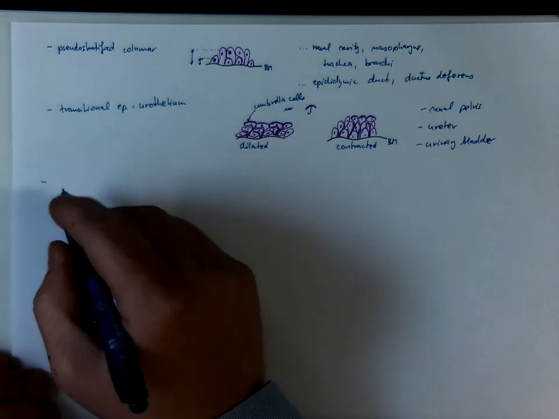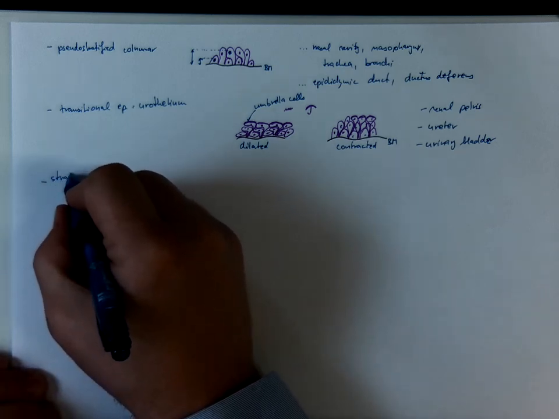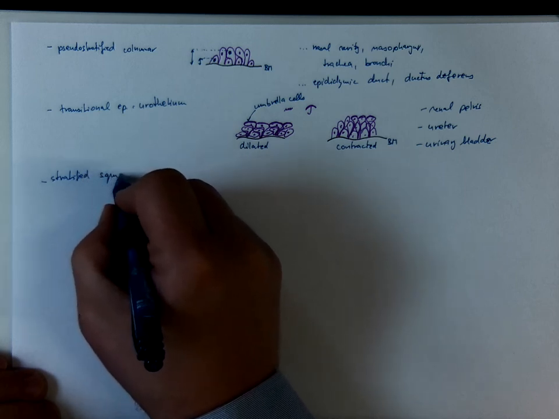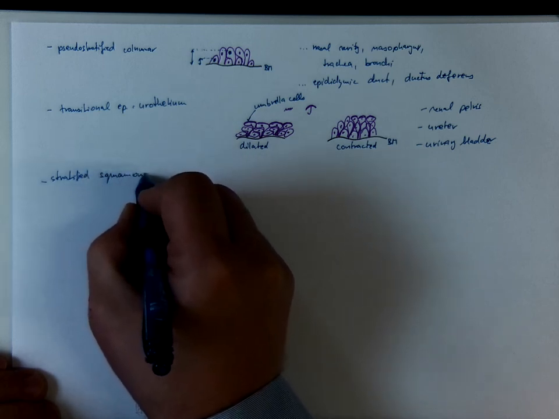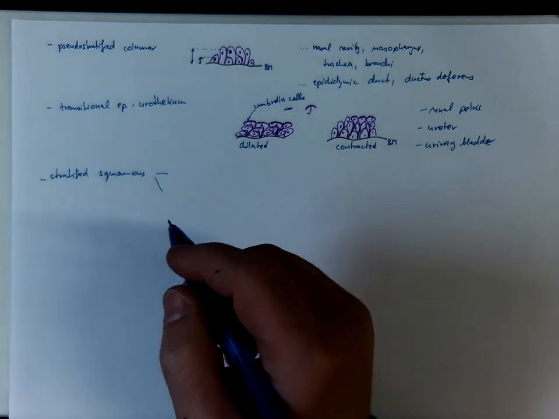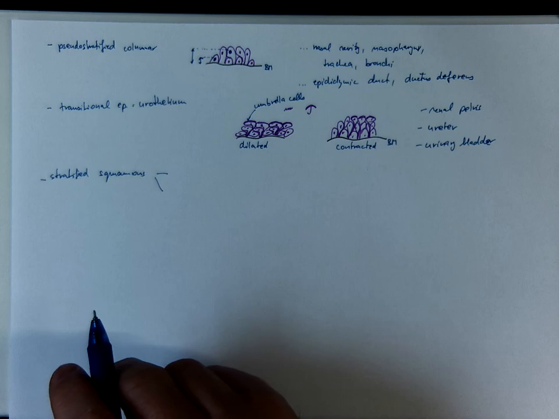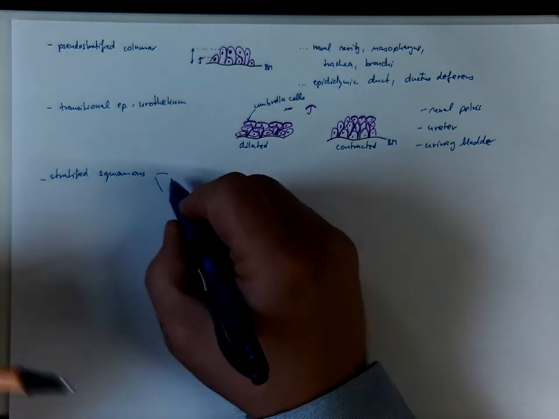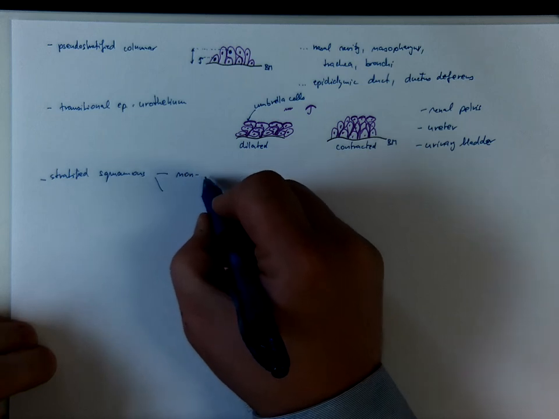Now we come to stratified epithelia. So stratified squamous, which occurs in two forms in the human body: keratinized or non-keratinized. I will start with the non-keratinized, actually.